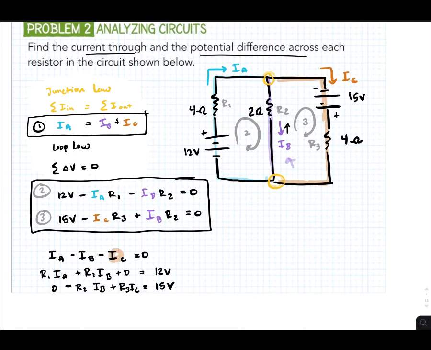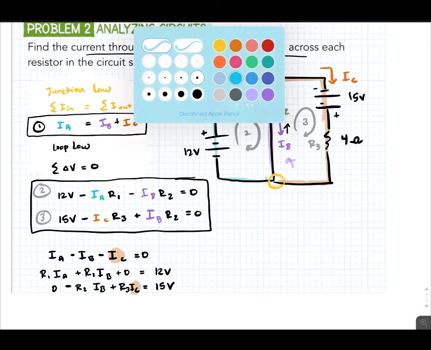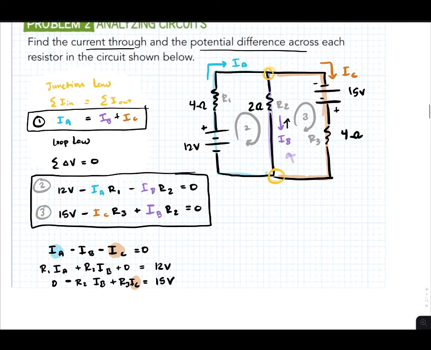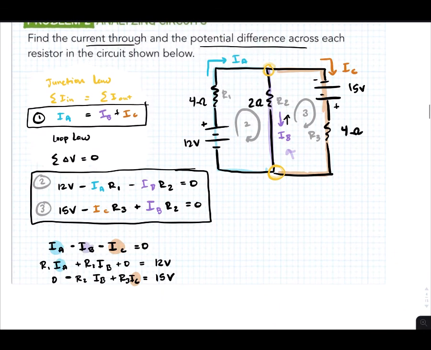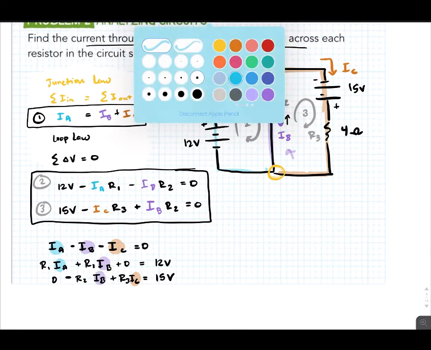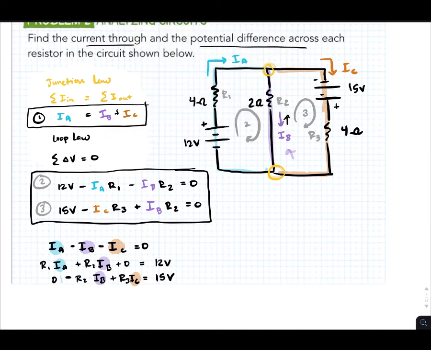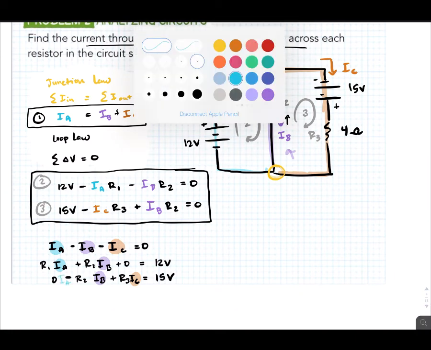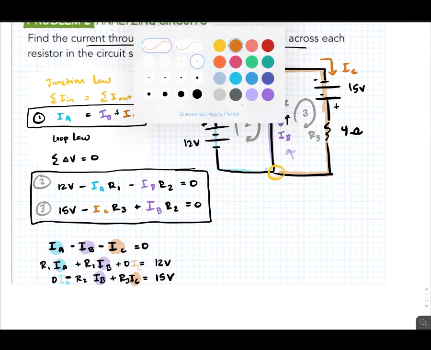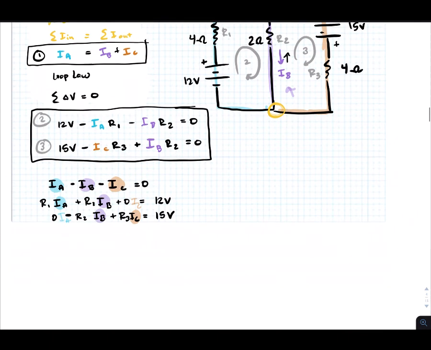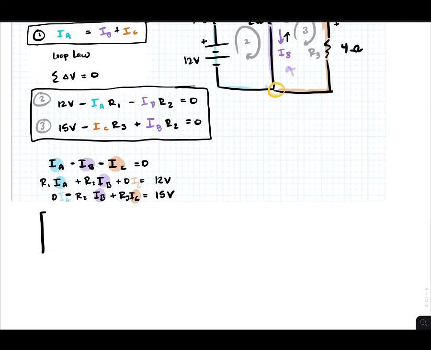Here you'll see the ICs are all in one column, the IAs are all in another column, and the IBs are all in this column. And there's kind of this ghost IA next to the 0, and this sort of ghost IC next to this 0. So when you write this out in a matrix form, you can write it like this.